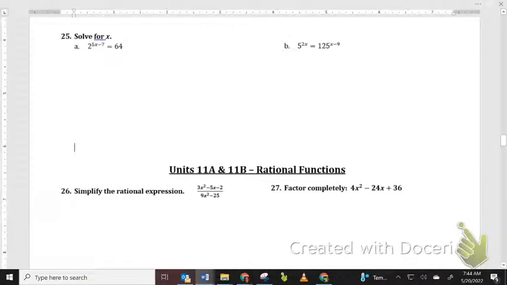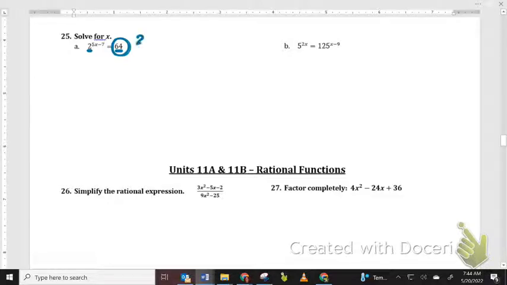Number 25. Fantastic problem. We need to give these the same base so that we can solve for x. I'm looking at my 2 bases, 2 and 64. I want to figure out how to replace the larger one where it is written as a power of the smaller one.